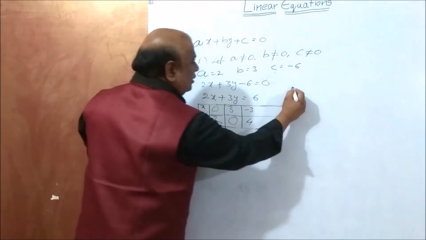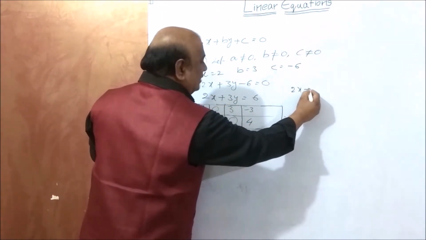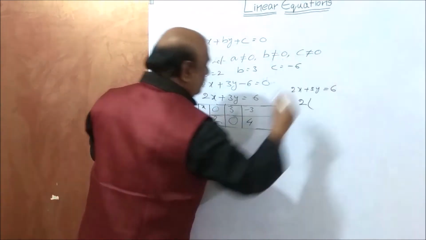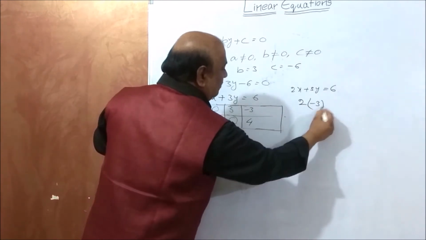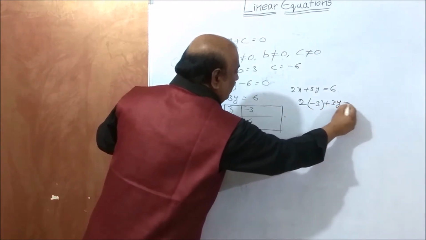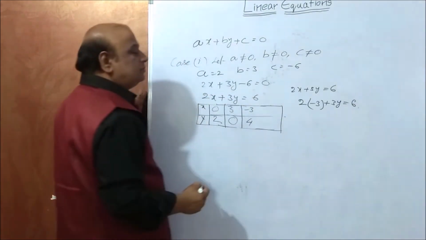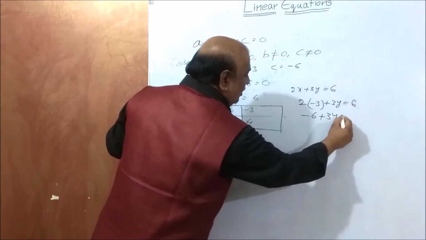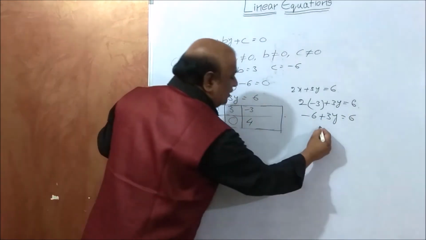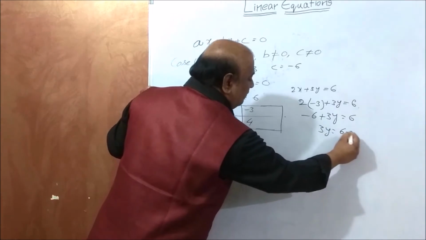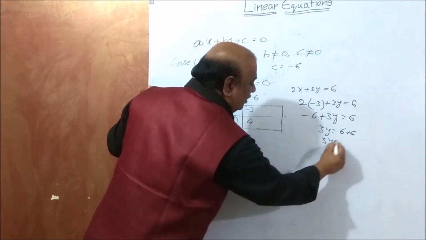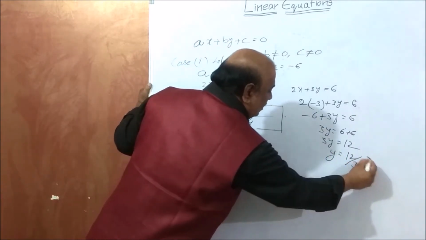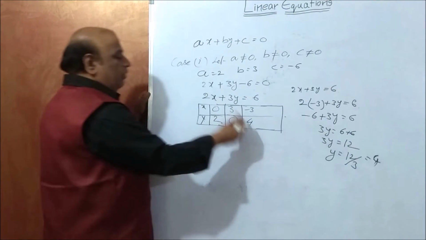I will show here: 2x plus 3y is equal to 6. 2 into minus 3 plus 3y is equal to 6. Now this is minus 6 plus 3y is equal to 6. 3y is equal to 6 plus 6, 3y is equal to 12. So y is equal to 12 by 3, that is 4.